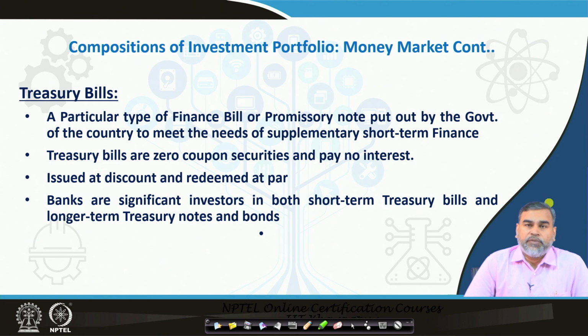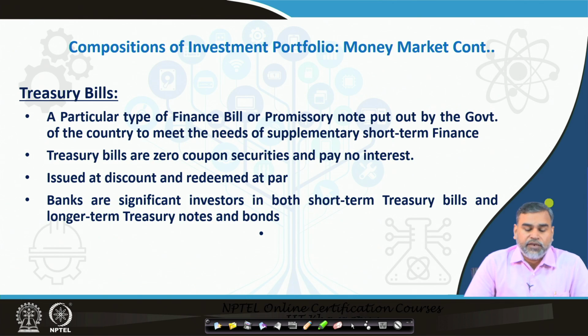Mostly these bills are issued by the central bank, and the commercial banks invest in these securities, which have both primary and secondary markets, where once the banks have invested, they can reinvest in the market and issue to different kinds of consumers. Treasury bills are zero coupon securities and pay no interest; they are issued at a discount and redeemed at par.